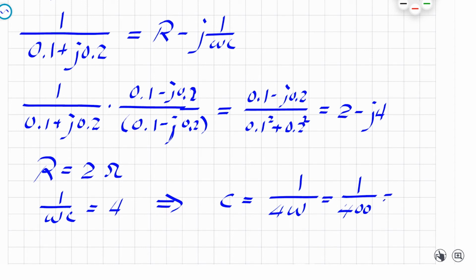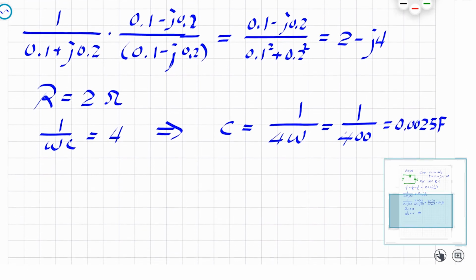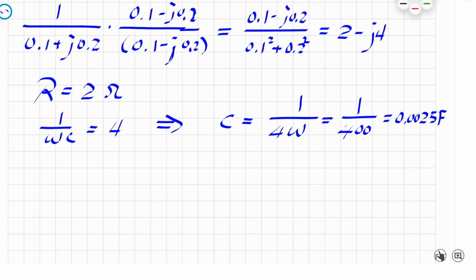And that gives us 0.0025 farad. Now we can express that in more common terms, as a millifarad. That will be 2.5 millifarad.